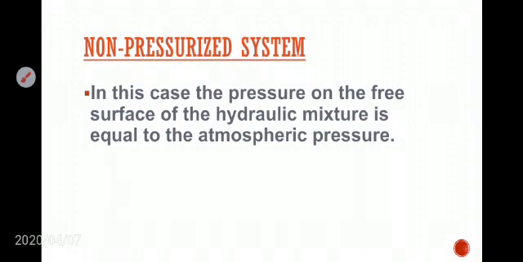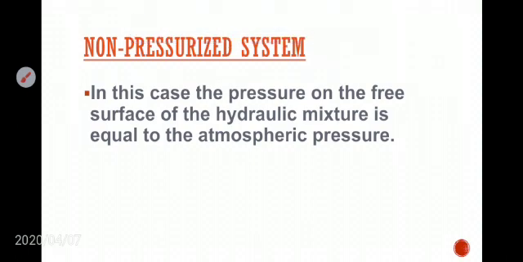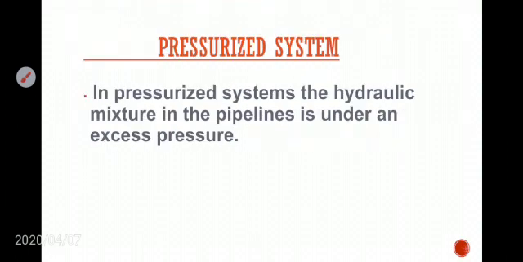In a non-pressurized transportation system, both the feeding end and the discharge end of the transporting media will have the same pressure, that is atmospheric pressure. That means both the pressures will be the same, because here we are not using any type of pressure raising pumps.